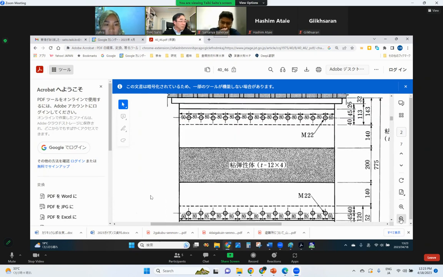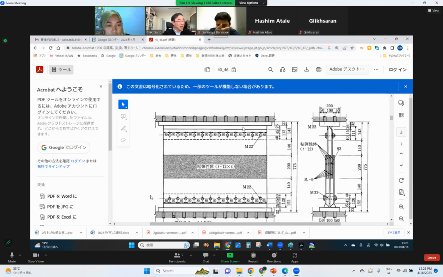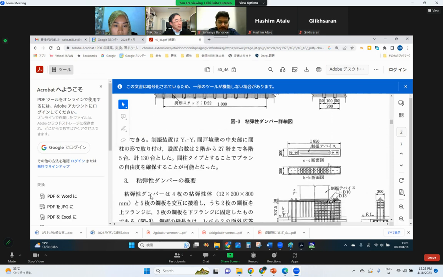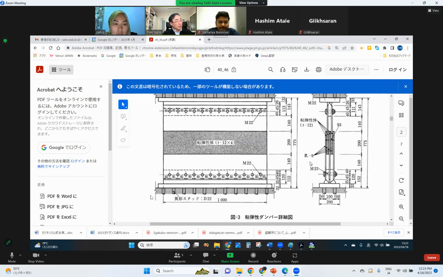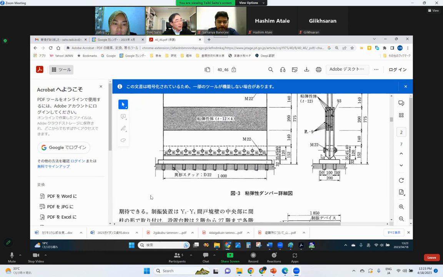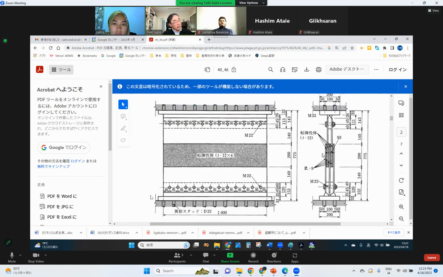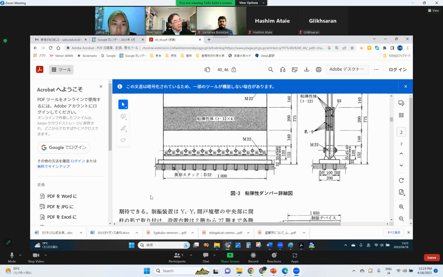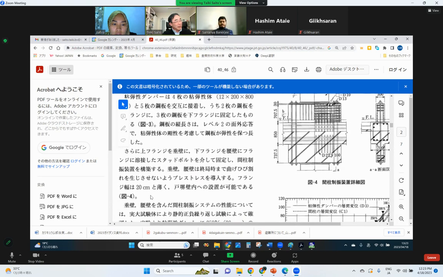The upper part and the lower part are sandwiched, and there is a viscoelastic material between these plates. It will resist shear deformation or shear velocity. So this device is very common. Well, we can maybe use the same material for this. I don't know, it looks the same.